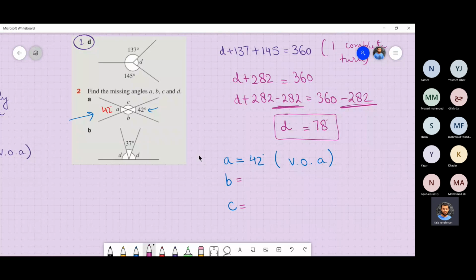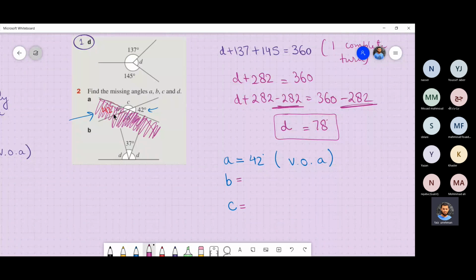Who can tell me? Can you see angles on a straight line in this diagram? Yes, we can see it. Now forget this bottom part. What can you see above?